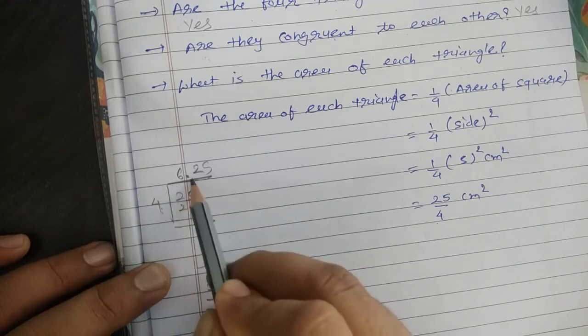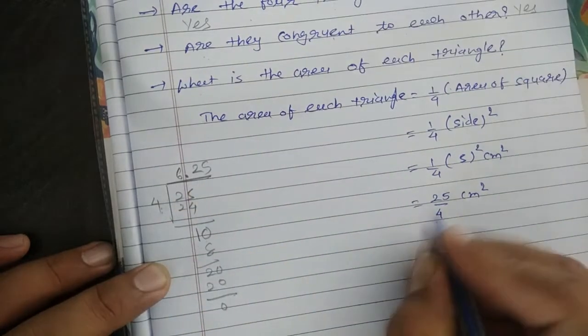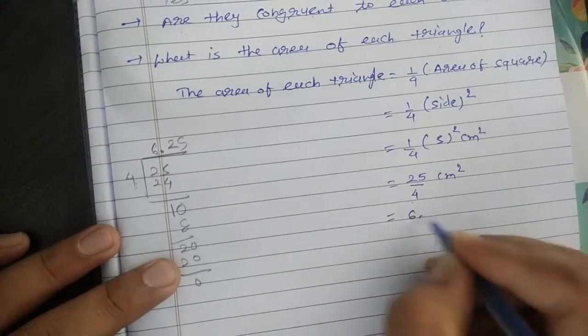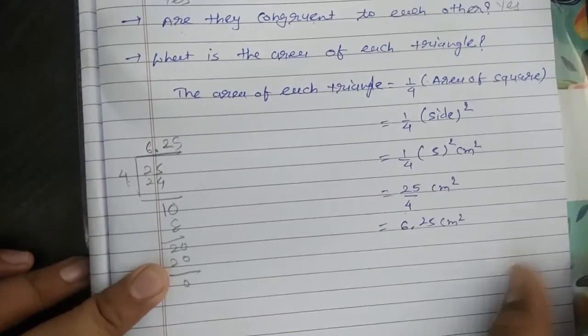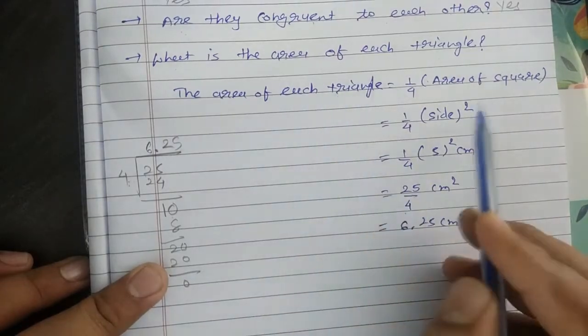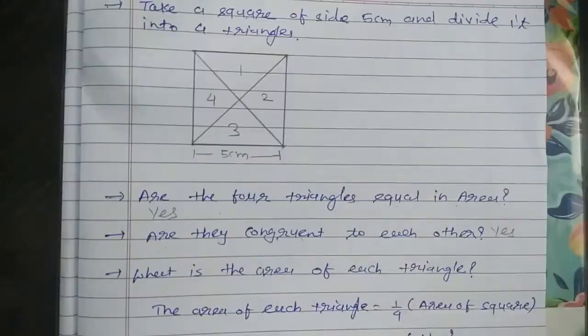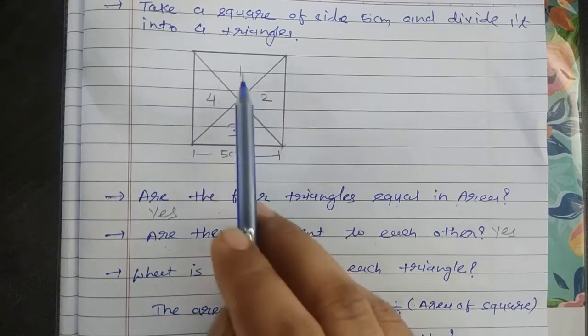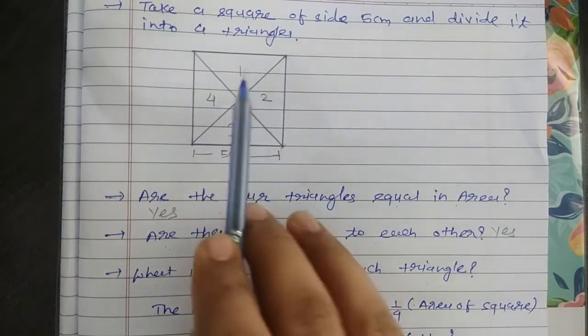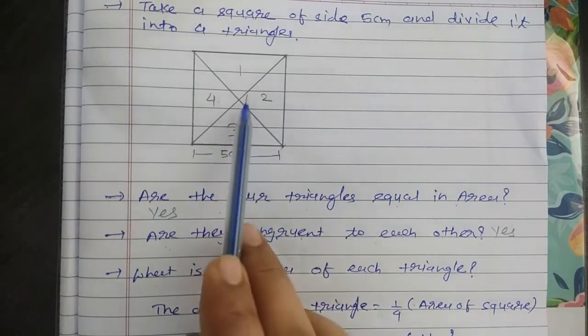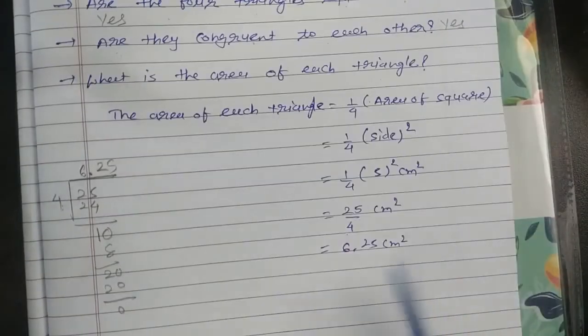It is 6.25 centimeter squared. So the area of each triangle made from a square with side 5 centimeter is 6.25 centimeter squared.